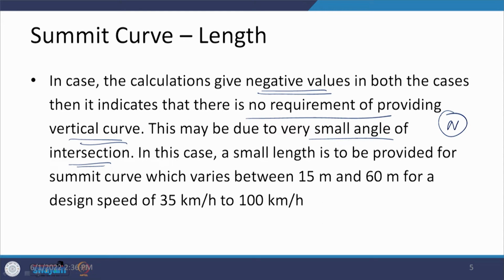So, in such cases what we need to do is provide some length of that curve, and that length is going to vary between 15 meters to 60 meters, again if you remember that table or you can refer back to it. These 15 meters and 60 meters are correlated with 35 kilometers per hour speed and 100 kilometers per hour speed. In between you can either interpolate the values, or otherwise you can take the values from the table which is already available.